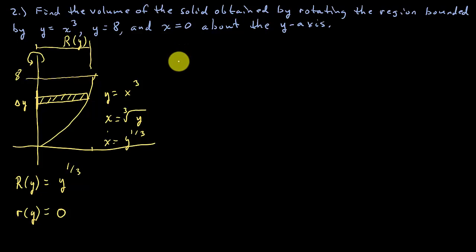So we get our area is equal to pi times the integral. Now, what are we integrating from? Remember, we're in terms of y, so my limits are going to be on the y-axis. I'm going from here, which is 0, up to here, which is 8.